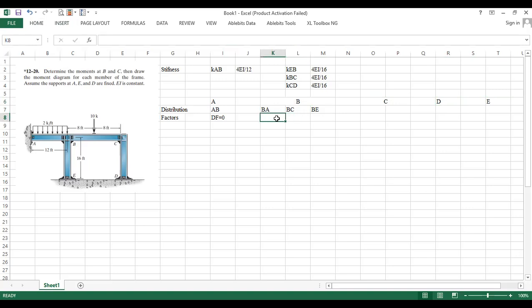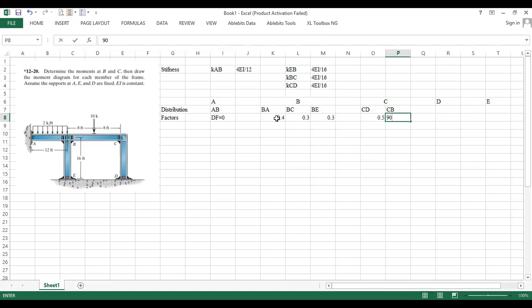Right, that's BA, you remember it was 0.4. This is going to be 0.3 and 0.3. Here you have CB and CD, both 0.5 and 0.5, right?